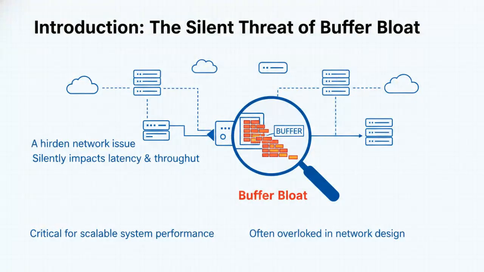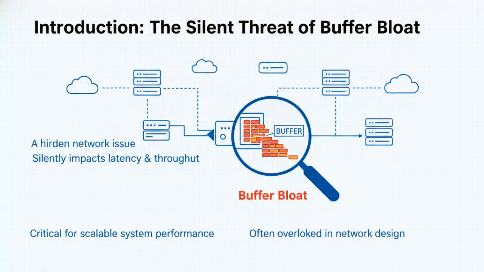This proactive approach helps maintain shorter average queue lengths, significantly reducing queuing latency while preserving good throughput. It's like having a smart traffic controller that starts signaling slowdowns as traffic builds up, rather than waiting for gridlock. AQM is a fundamental component for addressing buffer bloat effectively.